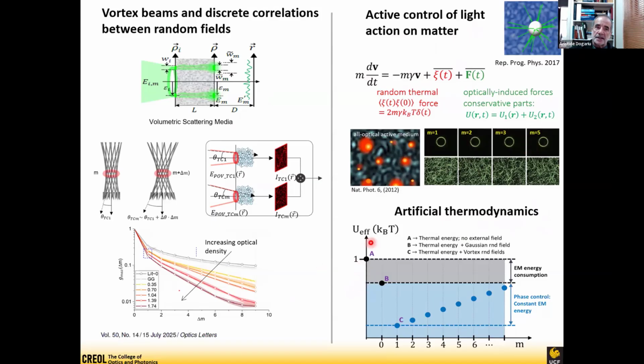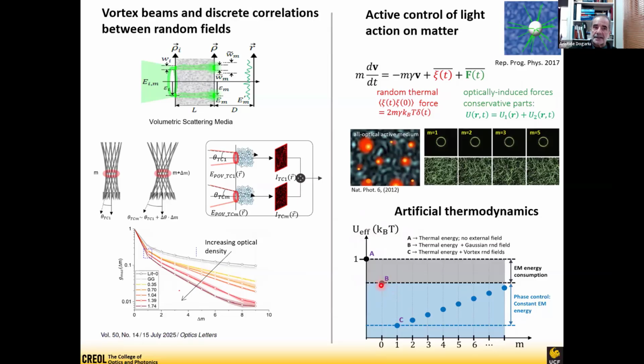So this is, for instance, an example of the effective potential in which a particle resides. So if there is no field, it's in a thermal potential of 1 kBT. You apply a Gaussian random field, the particle is essentially pulled down.